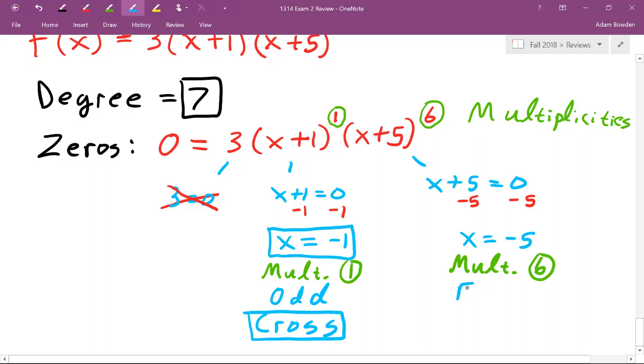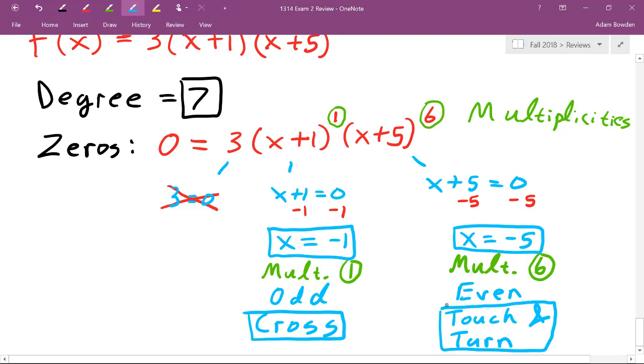This 6 is an even number, even multiplicity, and even multiplicities touch and turn. So if we're to draw the graph, then we know that that's a touch and turn at that location. And so that's all it asks us to find: degree, the zeros, multiplicity, and cross and touch and turn.